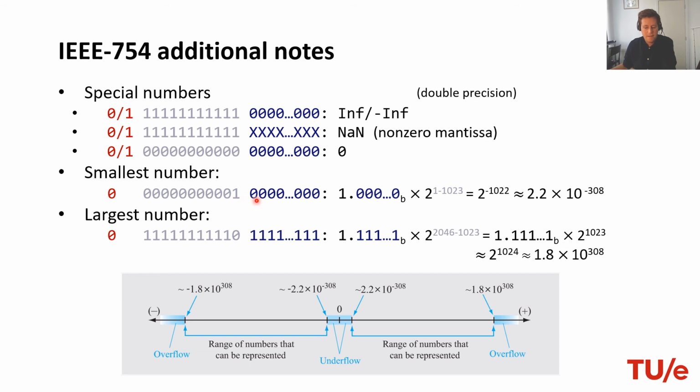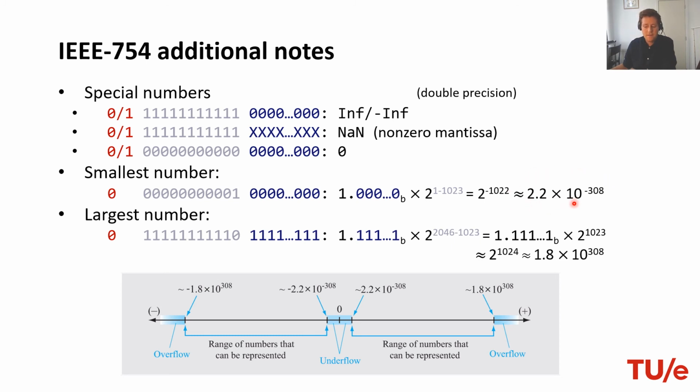With a mantissa of zeros, converting this to binary floating point, this would be 1 point and then an infinite amount of zeros in binary, times 2 with an exponent of 1 minus the bias, which is minus 1022. And if you compute this, this would be the smallest possible non-zero number that a computer can store.